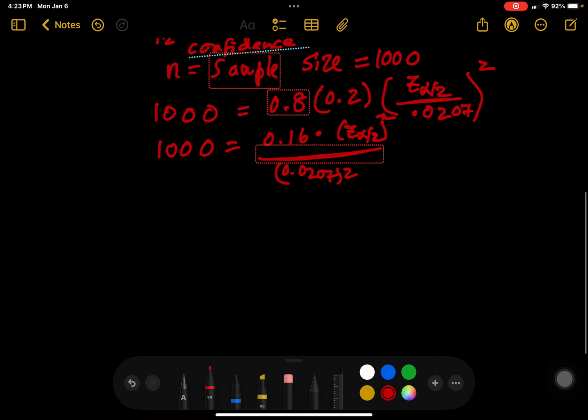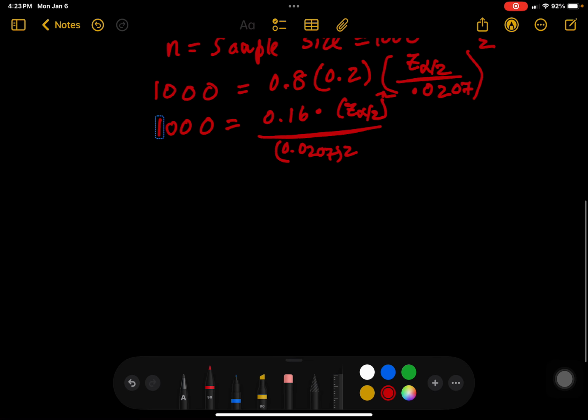So 1,000 we can again write, let me change the color of the ink.